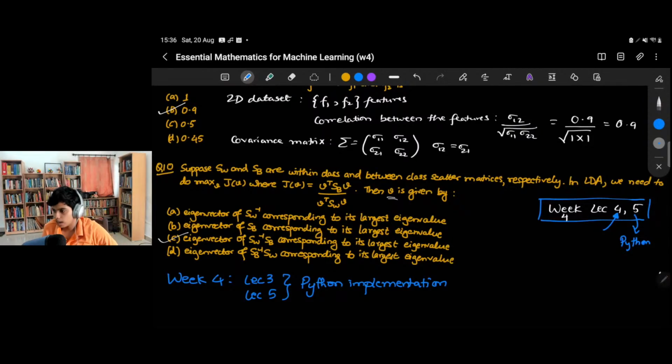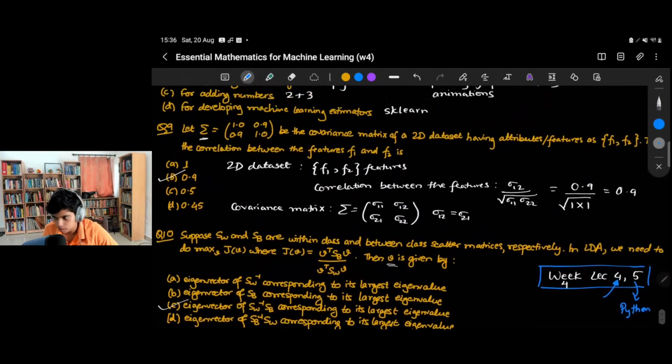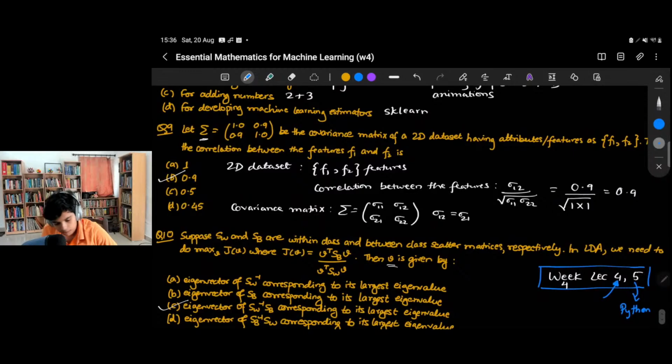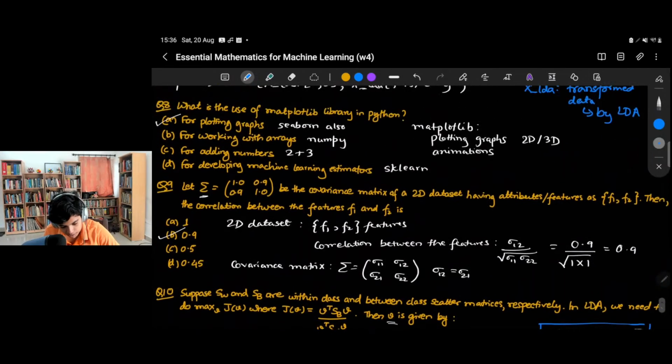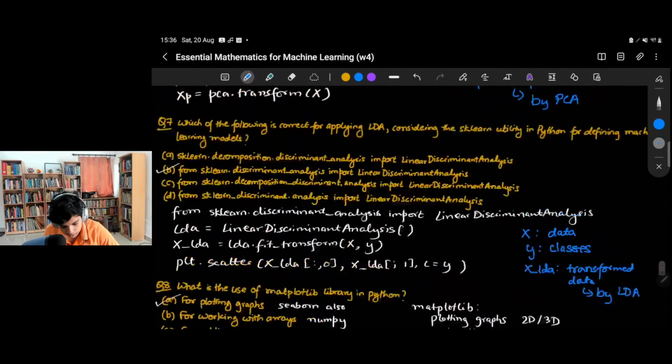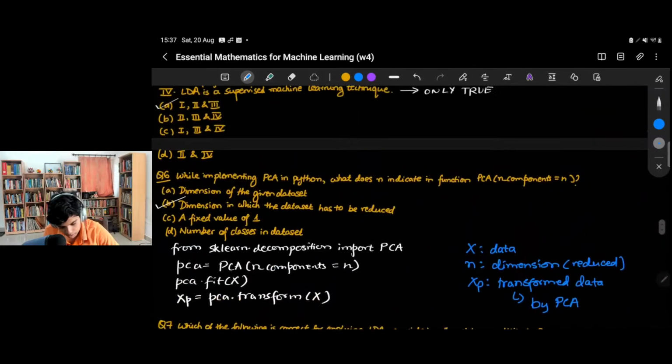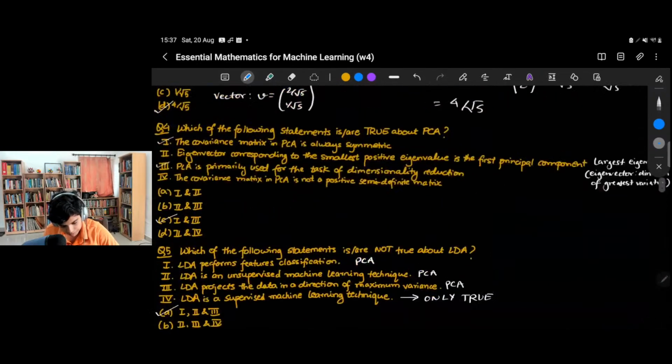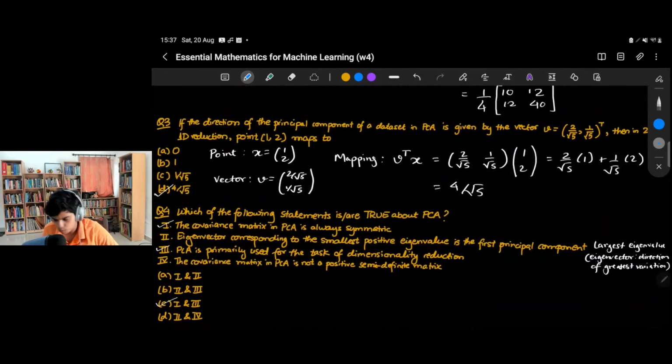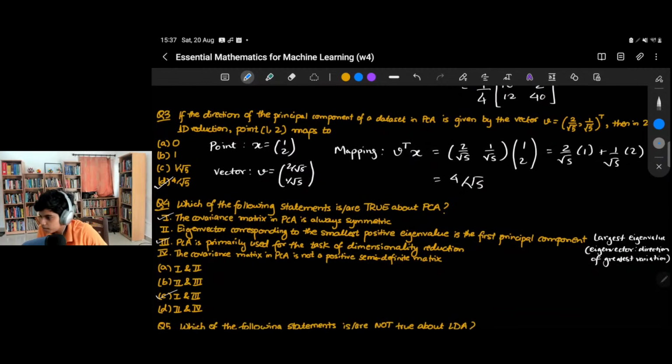Deepak Ahire has something X transpose V as well. Which question is that supposed to be for? I forgot. Let me go up. I think this question number 3 you want to say, Deepak, right?